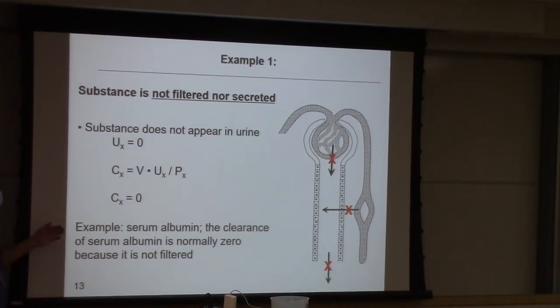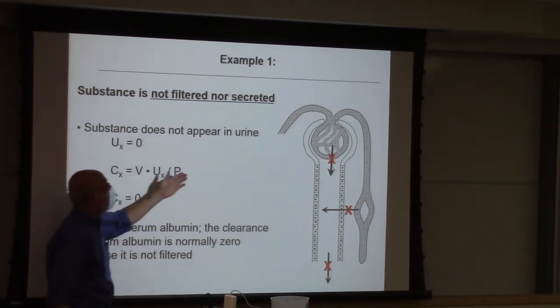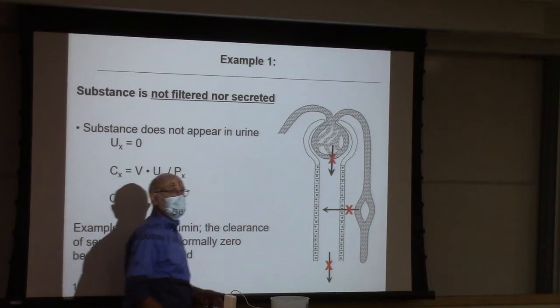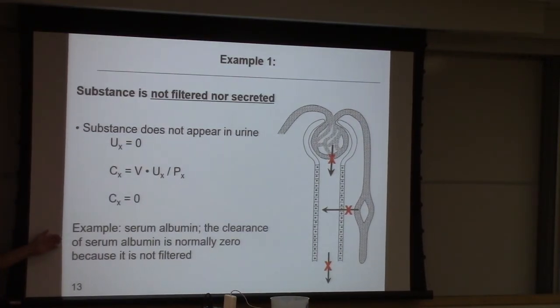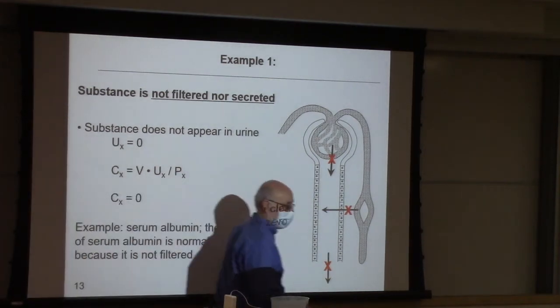This is typical of something like protein. It's not filtered, and it's not secreted, so the clearance of albumin is typically 0. That's an easy one.